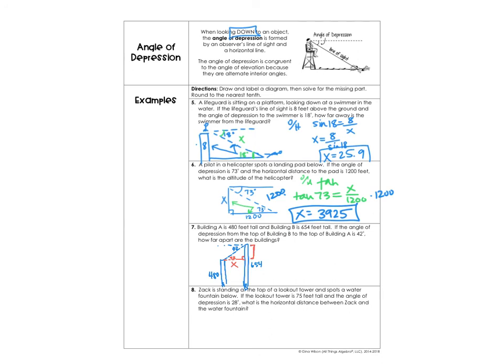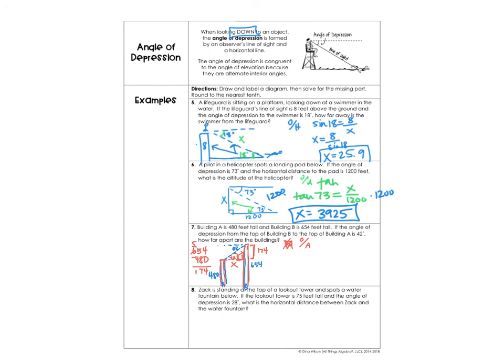Well, we know that this building is 654 feet tall and this building is 480. So to find the difference between the two, you subtract. So 654 minus 480 is 174. Okay, so we know that that is 174. Now, we have the angle of depression, and we have the opposite and the adjacent.